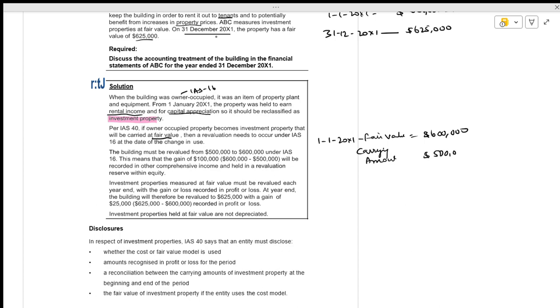Carrying amount is 500. Difference of 100. This is OCI, other comprehensive income, and reserves to the equity. Fine. Now, what happened?